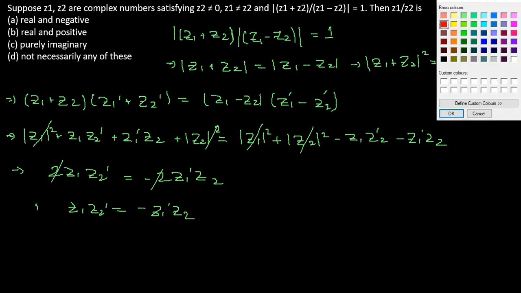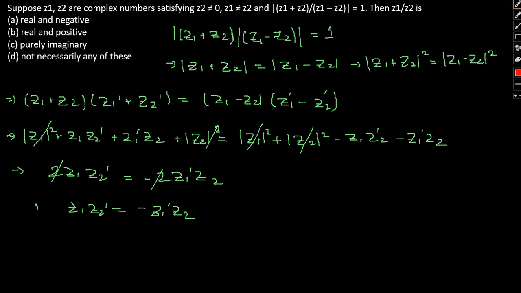As far as the solution of the same is concerned, let z1 be x1 plus iy1 and z2 be x2 plus iy2. We're just taking an assumption of the same.